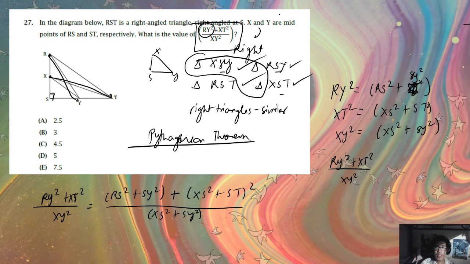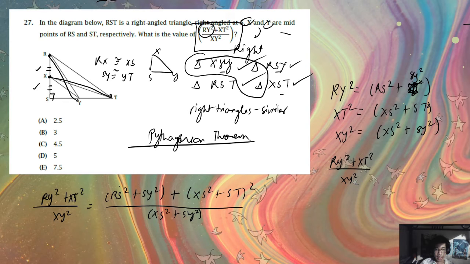Okay, and since it was mentioned in the given that X and Y are midpoints, that would mean RX and XS are congruent, and we can say that SY and YT are congruent.